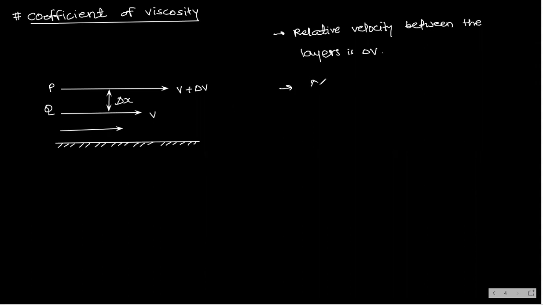Now this delta v divided by delta x is called velocity gradient. What is this? Velocity gradient, where delta x is the distance between the 2 layers, and delta v is the relative velocity. Okay. Now the above layer is moving very fast as compared with the lower one.